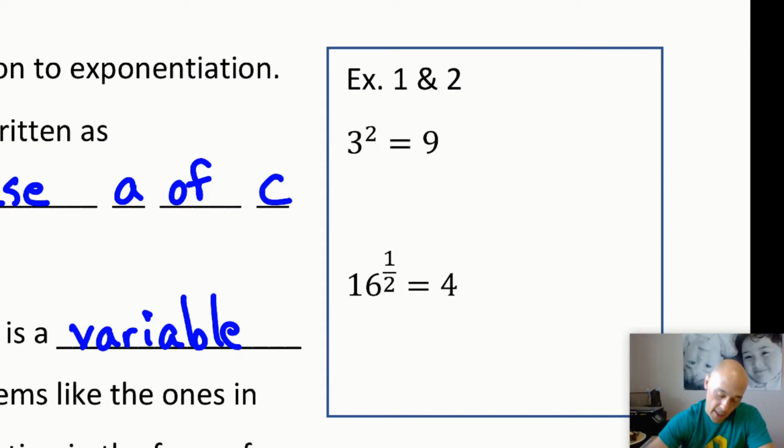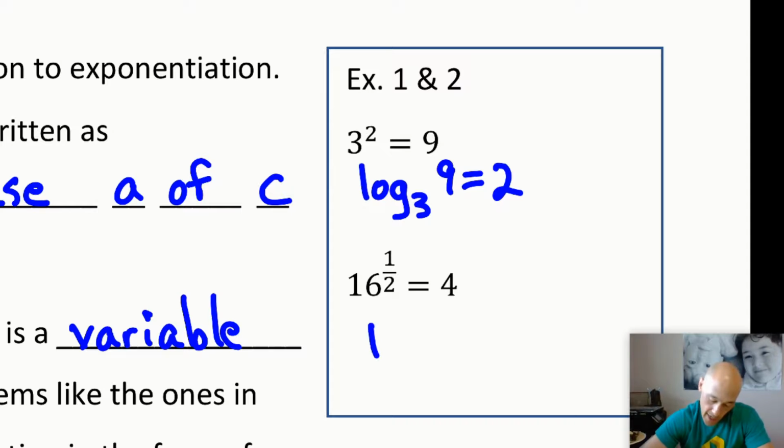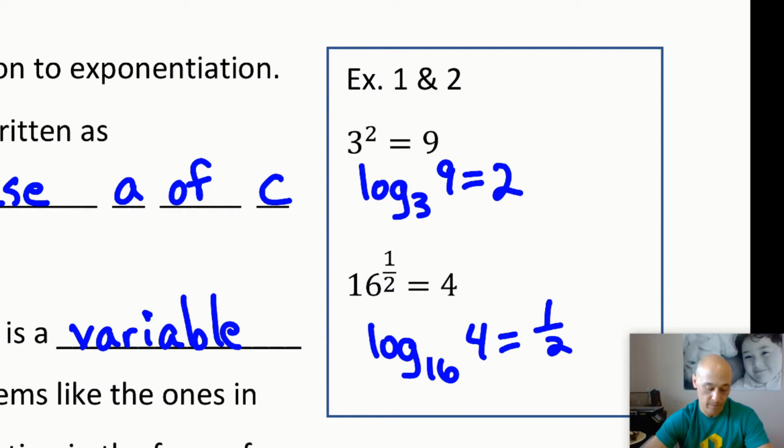We can rewrite each of these as log base 3 of 9 is equal to 2, and log base 16 of 4 is equal to 1/2. So notice that the base of the exponent here is 3, and the base of the logarithm is 3. The base of the exponent is 16. The base of the logarithm is 16.